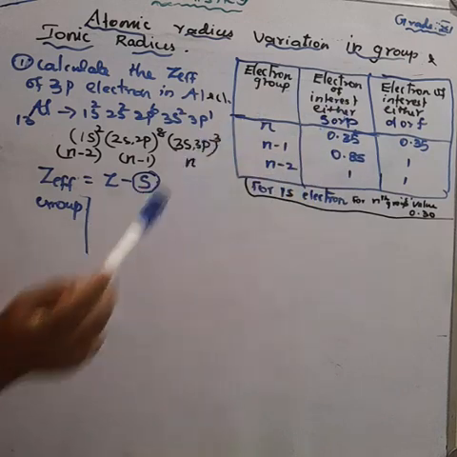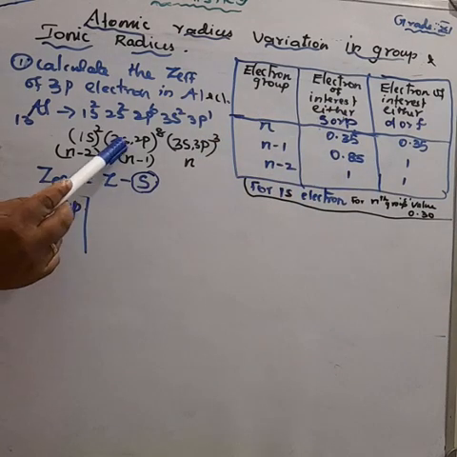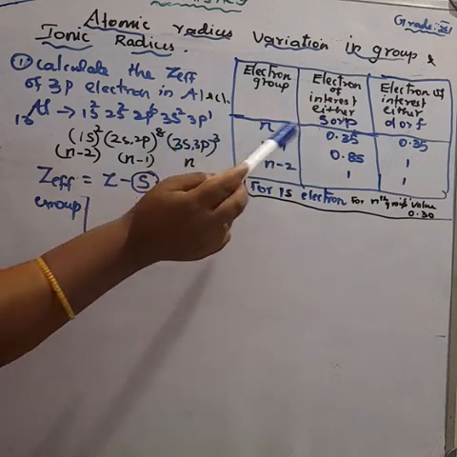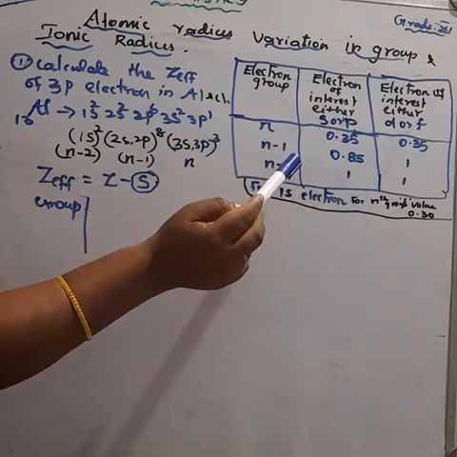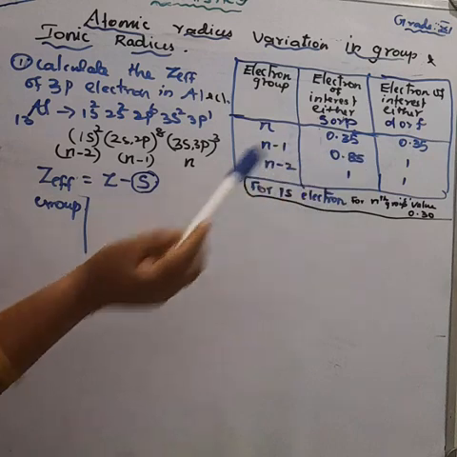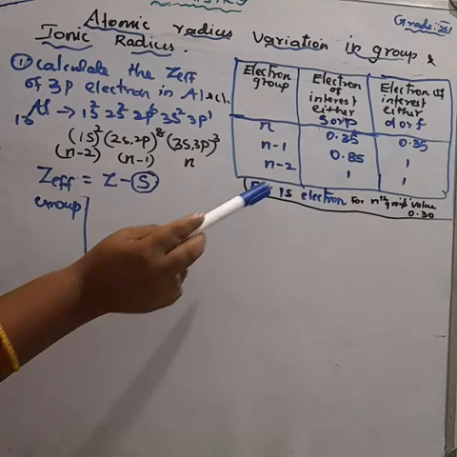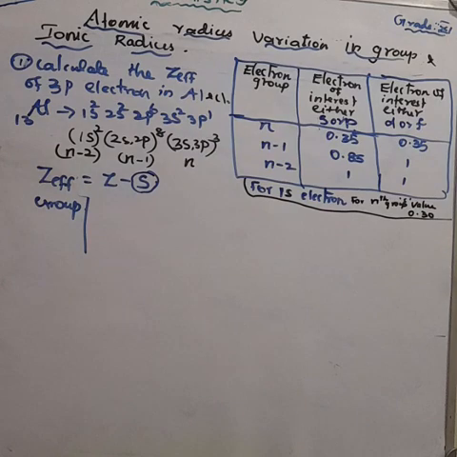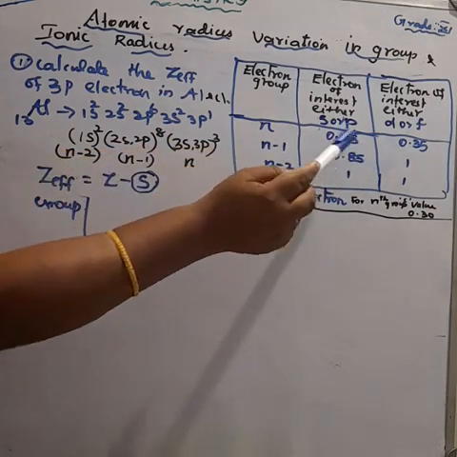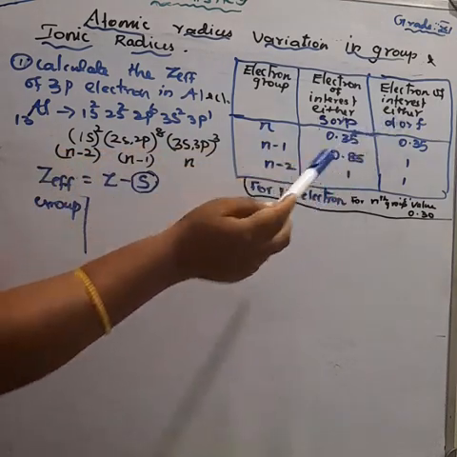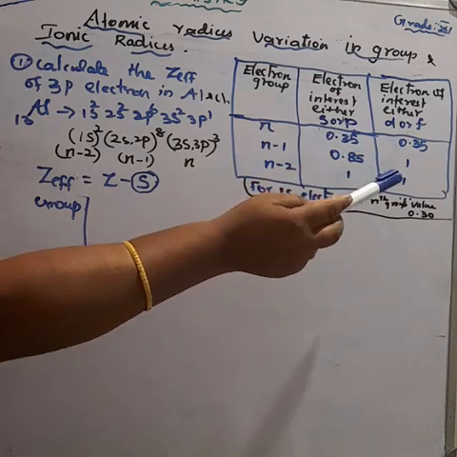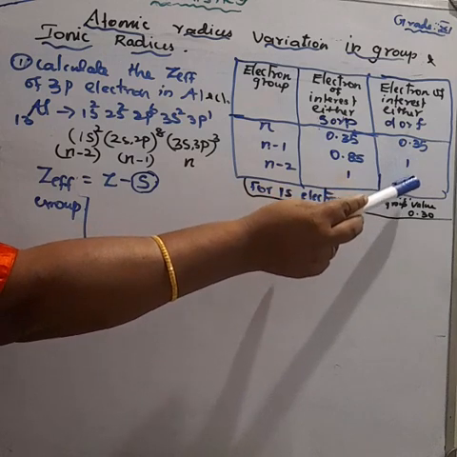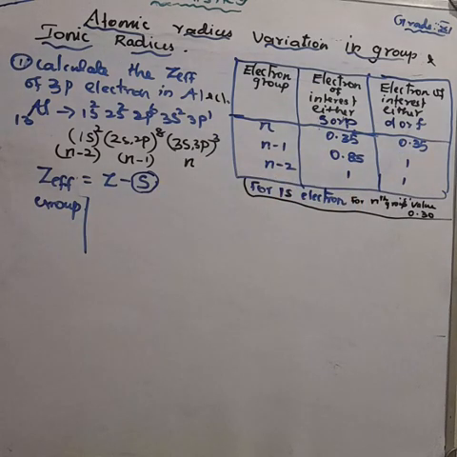And for n minus 2 and other lower groups, the value is 1. For d and f electrons, the nth group is 0.35, and for n minus 1 and all other lower groups, the value is 1. Understood?